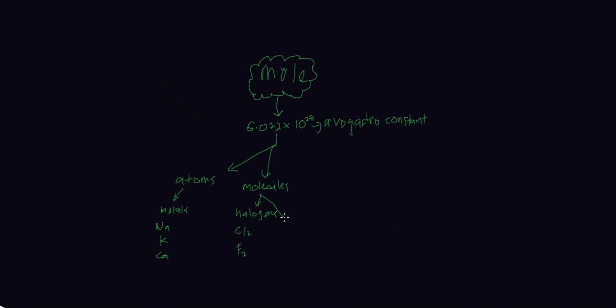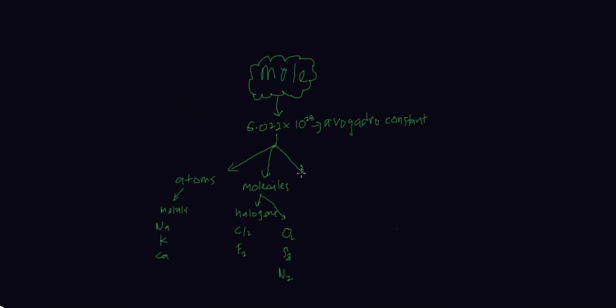The non-halogens would be, a common example, oxygen, or, what else? I'm trying to think. Sulfur. Sulfur, on the other hand, is S8, and so on. Nitrogen, that's another example. Okay, anyway, moving on.